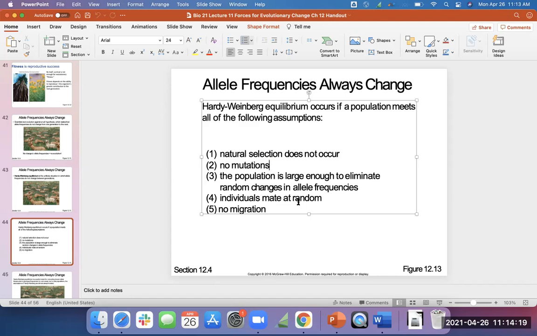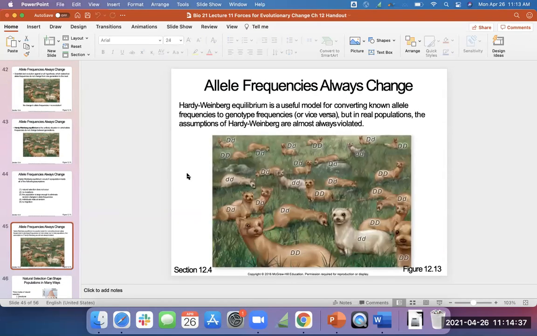Individuals mate randomly, which you already know doesn't happen in humans, even some animals. And then no individuals are coming in, no migrations. No population really follows all these five. So that's why it rarely happens for Hardy-Weinberg to be true. Allele frequencies are most of the time changing, but if they don't change, we follow the model called Hardy-Weinberg equilibrium.